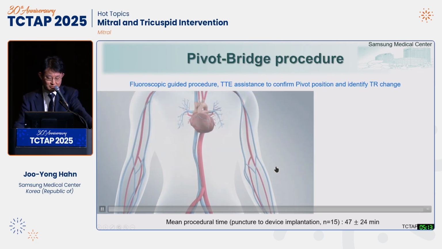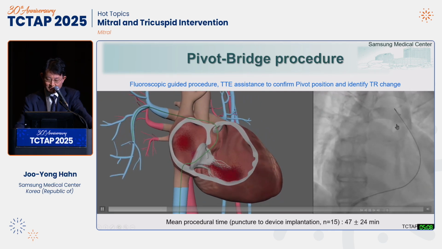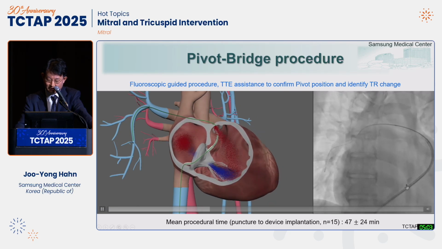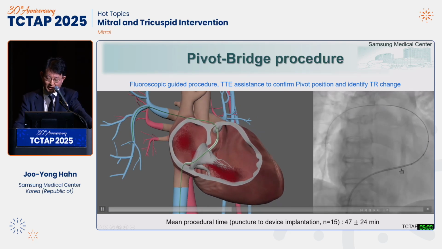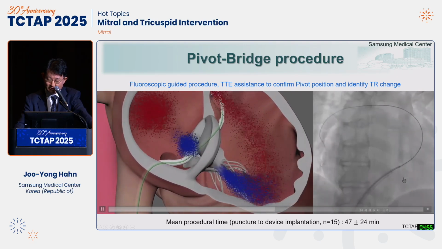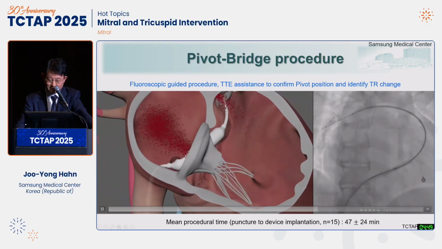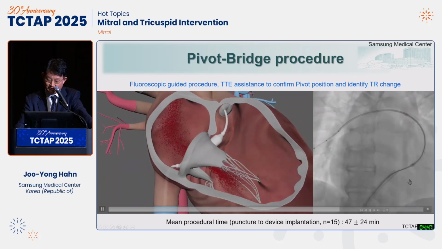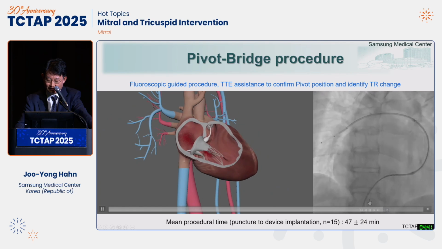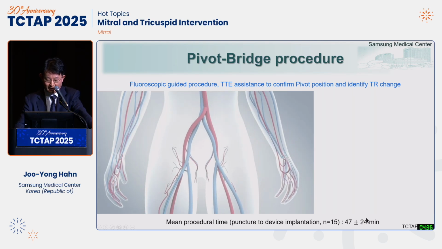This animation briefly shows the procedure. The guide wire is located in the right lower pulmonary artery, and then the delivery catheter is advanced over the wire, and the catheter is gently unsheathed to allow the spacer to expand across the tricuspid valve, and further unsheathing allows the spiral anchor to be deployed at the IVC.